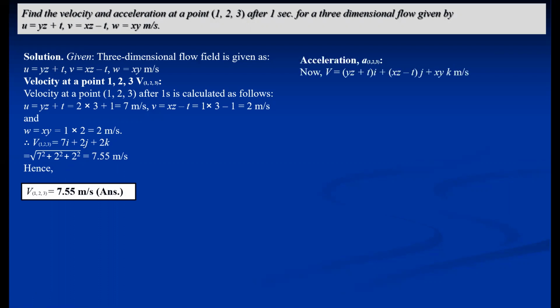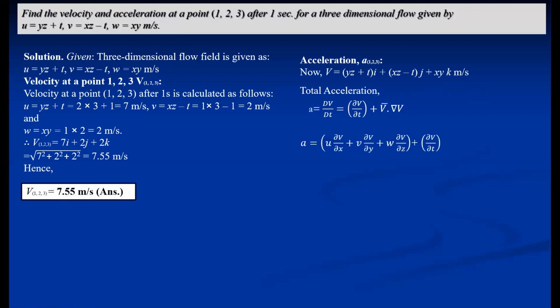In order to calculate acceleration at 1, 2, 3, we have V as the velocity vector. The total acceleration is given by dV by dt, which is equal to del V by del t plus V bar into del V bar.